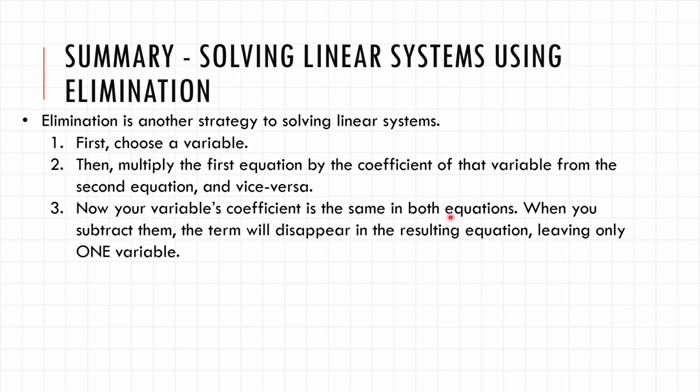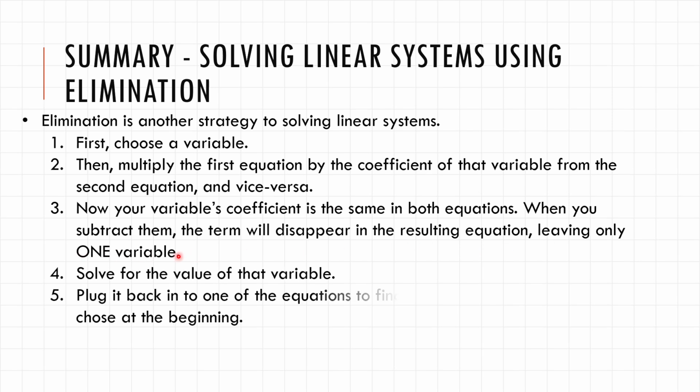If they are the same and they have the same sign, you can subtract them, and that term will disappear, leaving only one variable. This is why this is called elimination. However, if they have different signs, then instead of subtracting, you can just add them, and that will leave you in the exact same situation. Once you have an equation that only has one variable, simply solve for the value of that variable and plug it back into one of your original equations to find the value of the other.